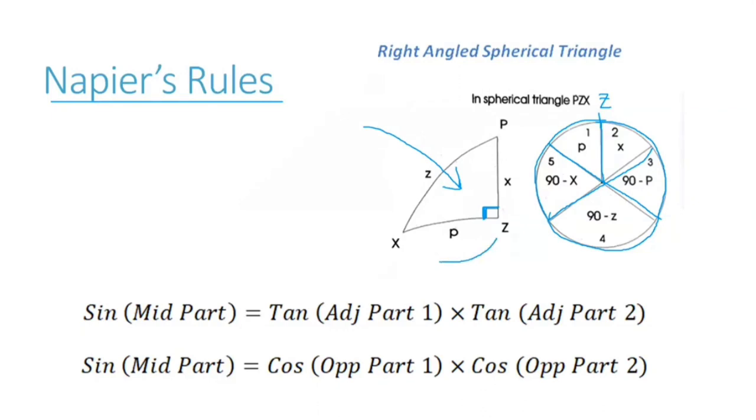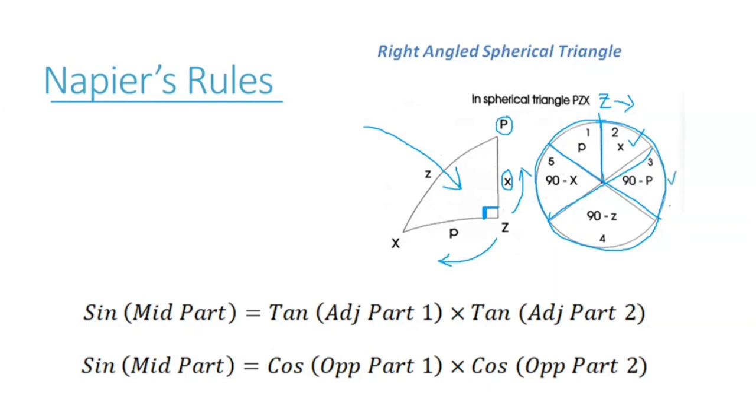Whatever parts of the triangle keep on coming, you keep on filling them up in this circular diagram. So from Z, we are moving anti-clockwise in the triangle. So next part which comes is small x, which is side x. So you see side x is written here in this part. Then you have angle P. You see angle P is written in this part.